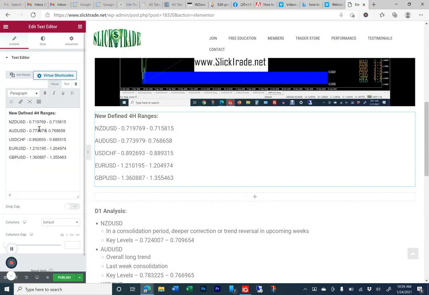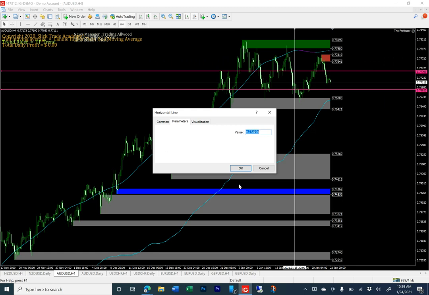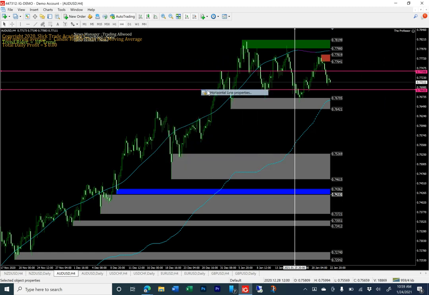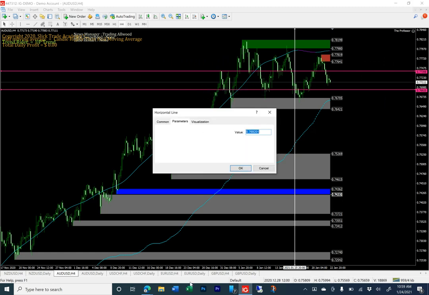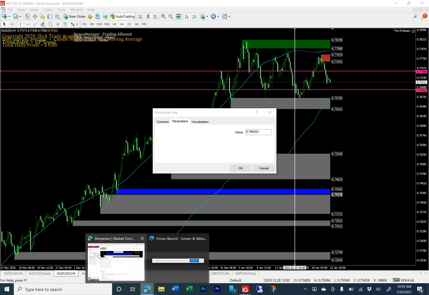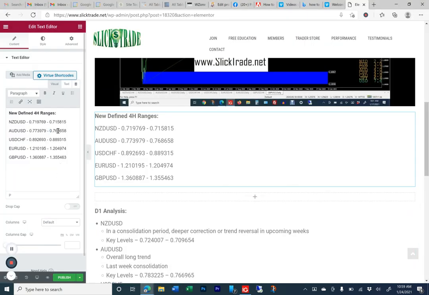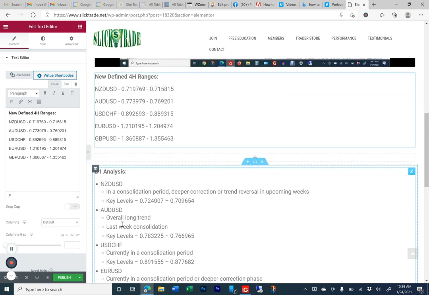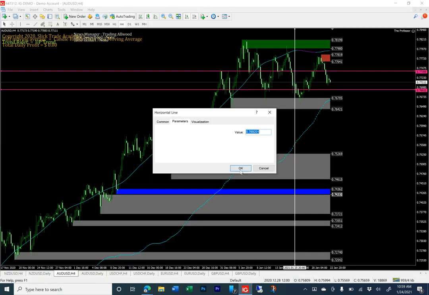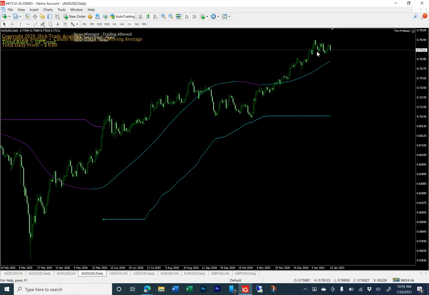Price is kind of making up its mind on what is going to happen. Okay. There we go. As far as last week on the daily analysis, overall long trend, that still is holding true. Okay, we are still in a long trend.